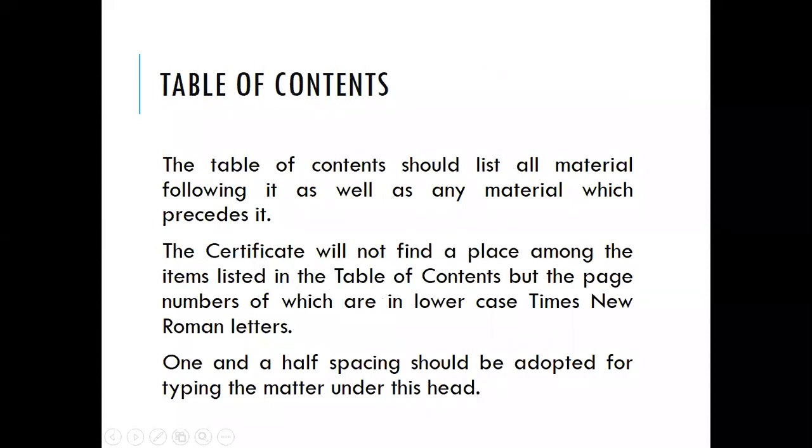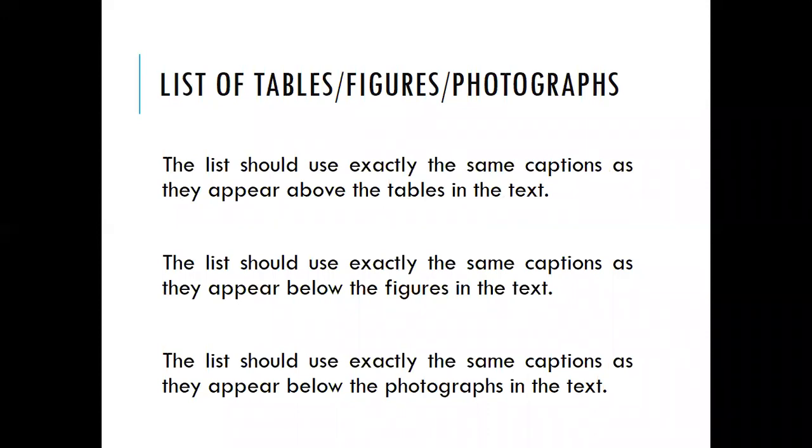We move on to the table of contents. In the table of contents, generally, as I said sometime back, it is a list of things which you have referred to, and it refers to a particular page number which has been adopted in the report. Now, the list of tables, figures, photographs, abbreviations you have to list out, and this is all automated. I'm going to have a separate session to look into how to list the tables, figures, and photographs, and how to automatically update it before taking the print, because I have seen in the past that students have made mistakes.